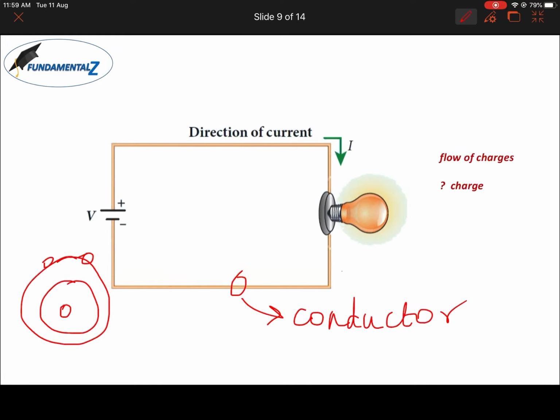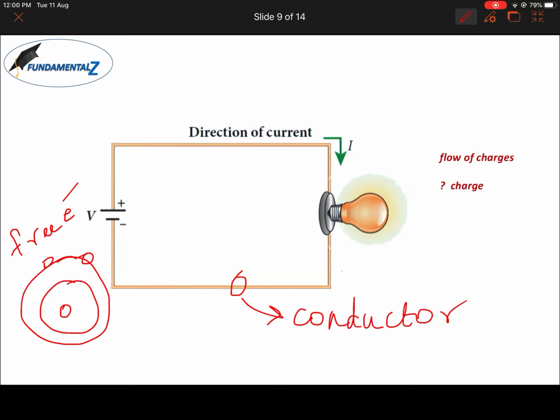It should have a number of free electrons that are moving in the outermost shell. So what do these free electrons do? When I say charge, in a conductor, the charge is contributed by the electrons. So these electrons are said to be free moving electrons. So what is the charge that is flowing now? Electrons. So the flowing electrons will trigger this current.